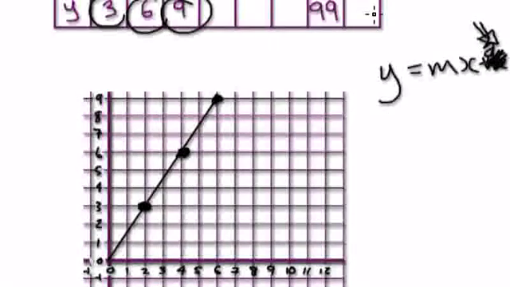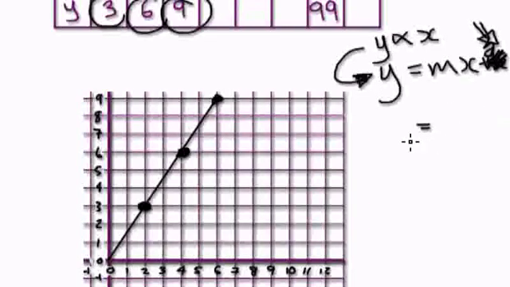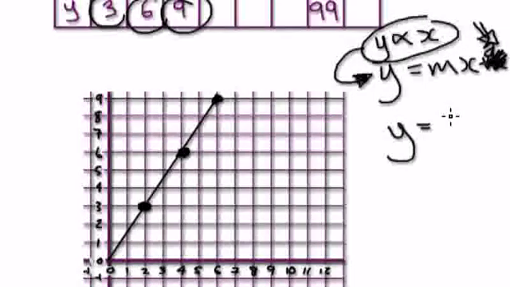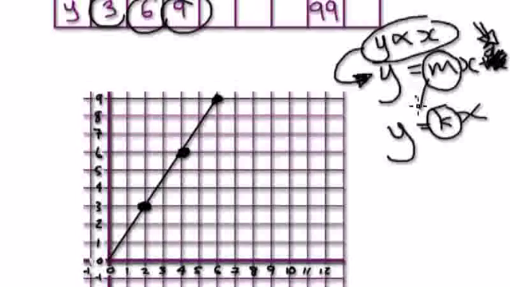Whenever you're told that y is directly proportional to x, you can move to this straight line, and write y equals kx. This k is very similar to the m. m is the gradient, so in this case, k is also the gradient.